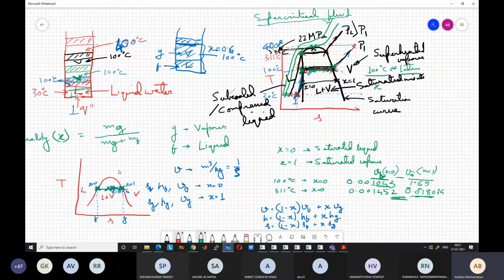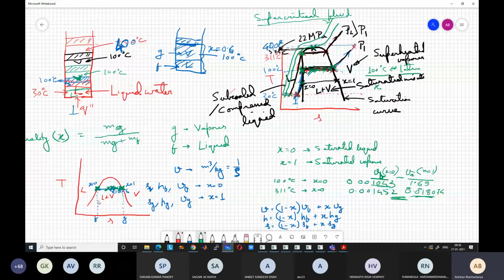When you have just reached the saturated liquid condition after heating, your entire domain is filled with liquid at saturated liquid condition. Means it is at a temperature, pressure, entropy, enthalpy which correspond to saturated liquid condition. Specific volume, everything corresponds to saturated liquid condition. Now if you keep on heating, some of the liquid gets converted to vapor.